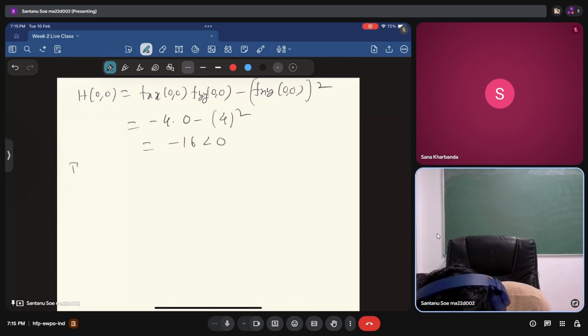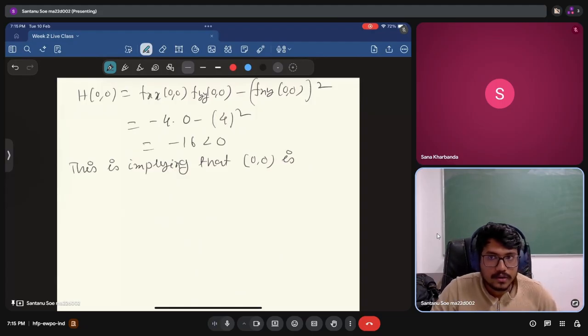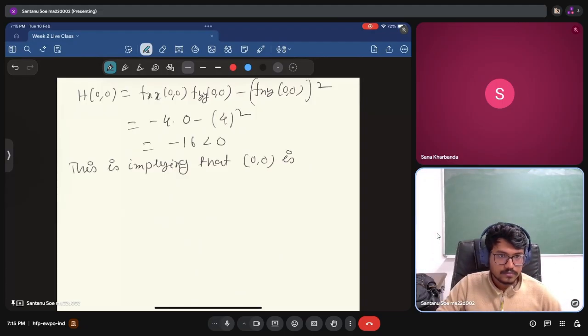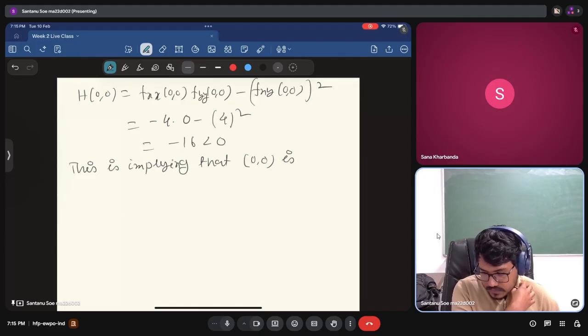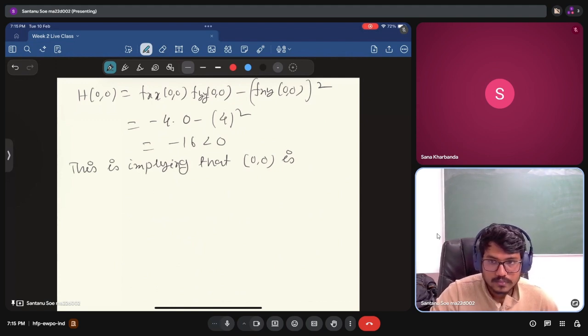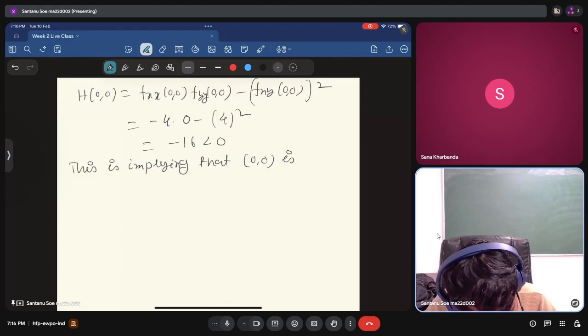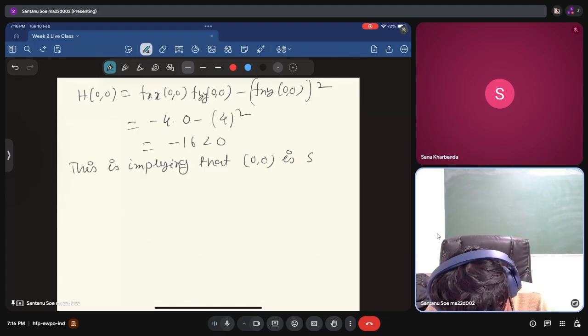So this implies that (0, 0) is a, any guess what point this will be at (0, 0)? So the Hessian has come to be negative. So what should be the answer here? A saddle point, right?